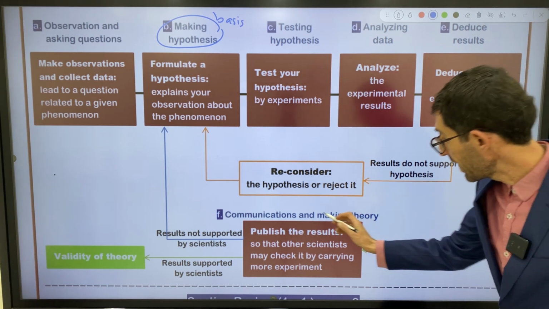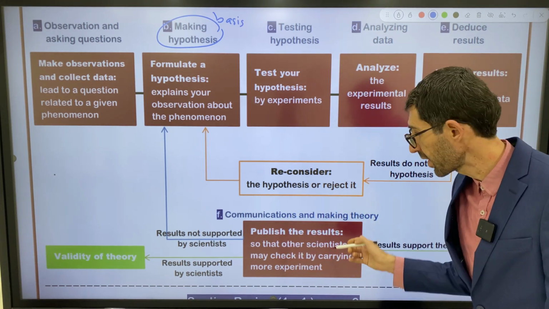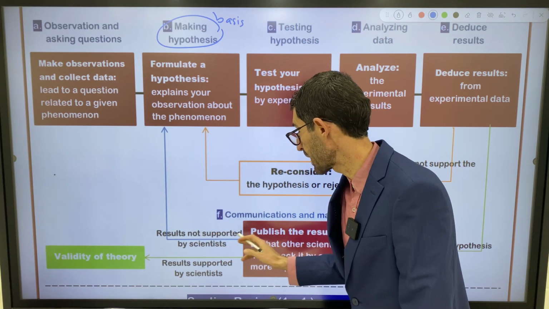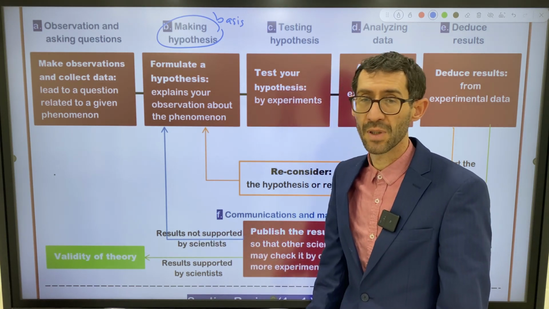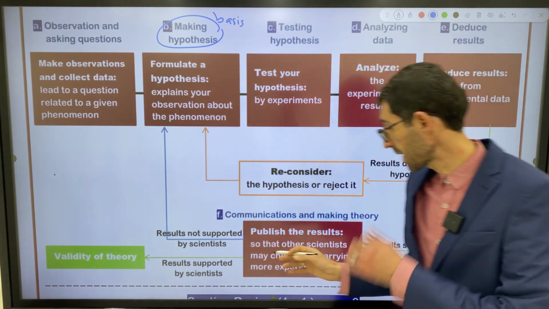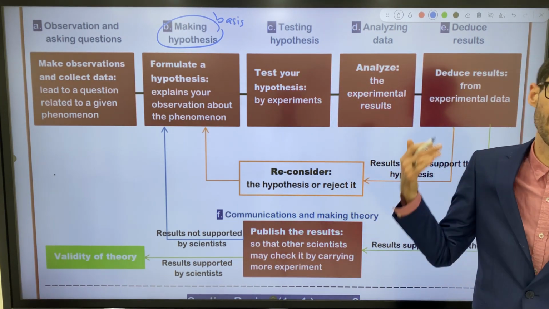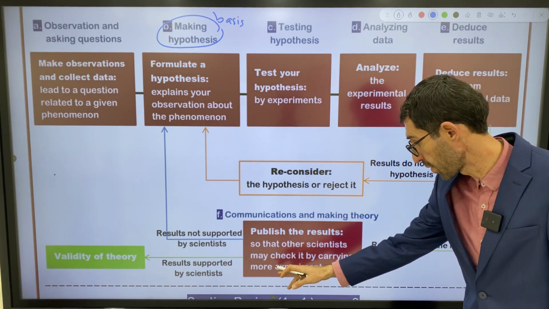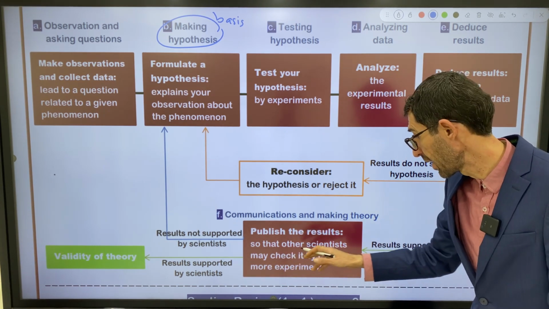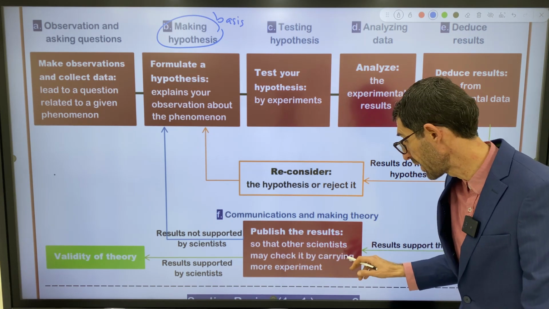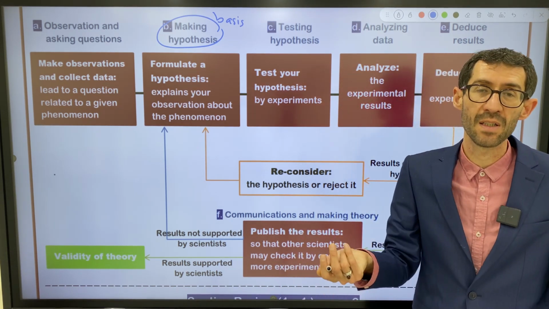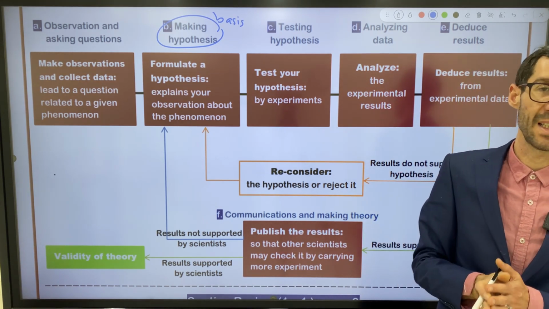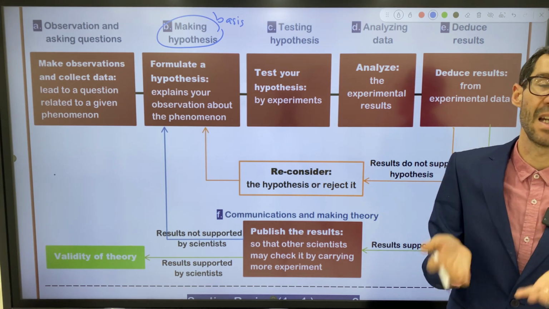In this part, we have another possibility. It says if the results are not supported by scientists, right? Maybe one experiment supports the data, but they do a lot of experiments. You see, it says scientists may check it by carrying out more experiments. Maybe one experiment coincides with the expectation of the hypothesis, but it's not enough.